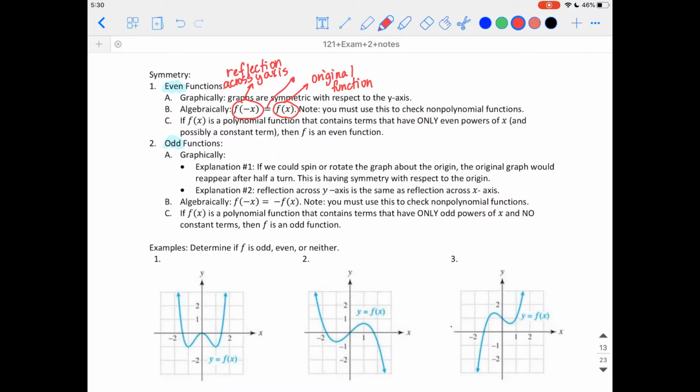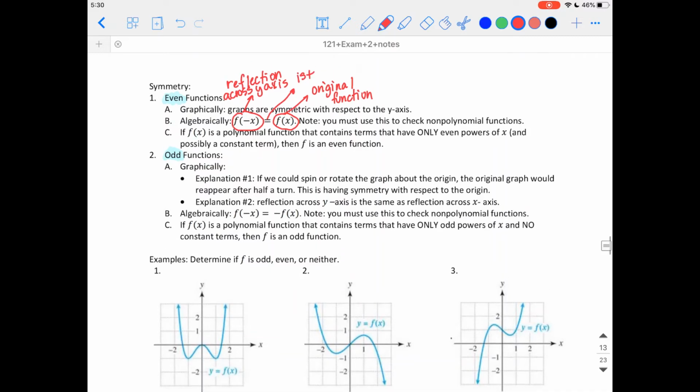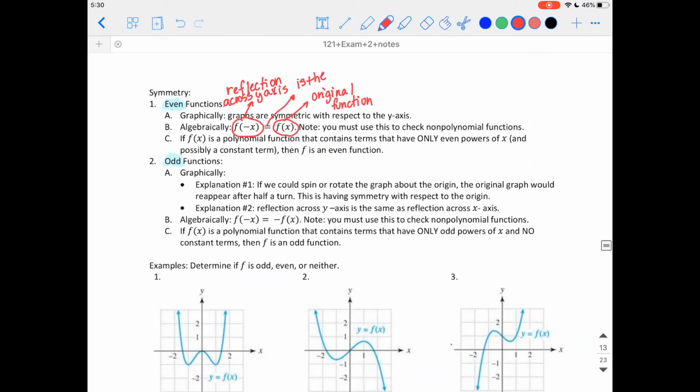And the equal to is technically the same as. So let me just read what I just wrote. The reflection across the y-axis is the same as the original function. And that's really what we just said here. Graphs are symmetric with respect to the y-axis.